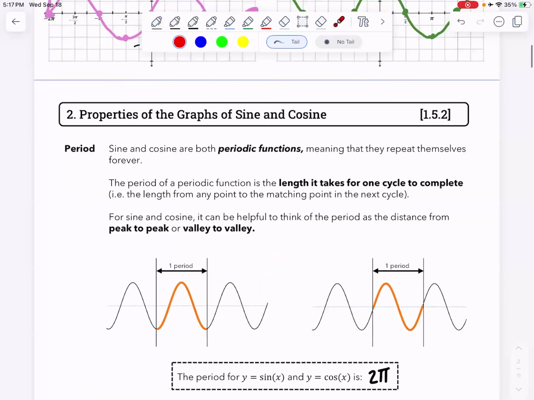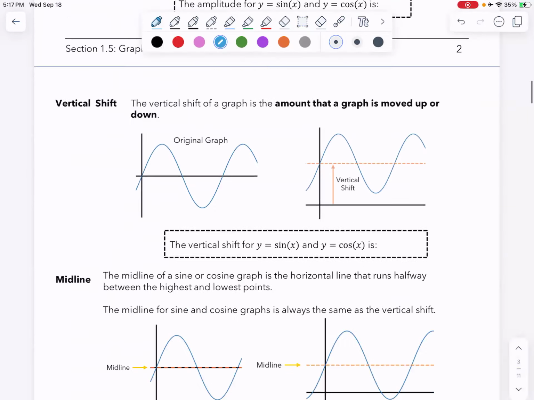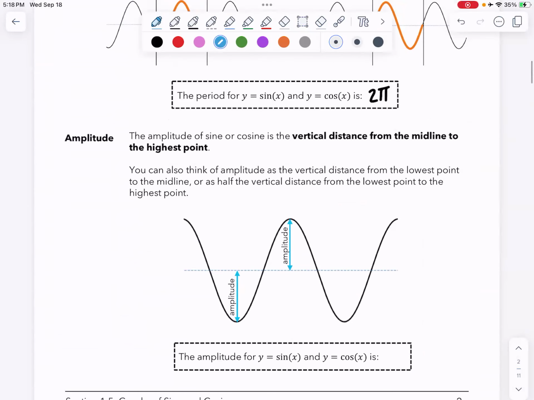For sine and cosine, you can tell the midline is right here, at y equals 0. This right here is the amplitude, and that distance is 1. So the amplitude for just the basic sine and cosine functions is 1.